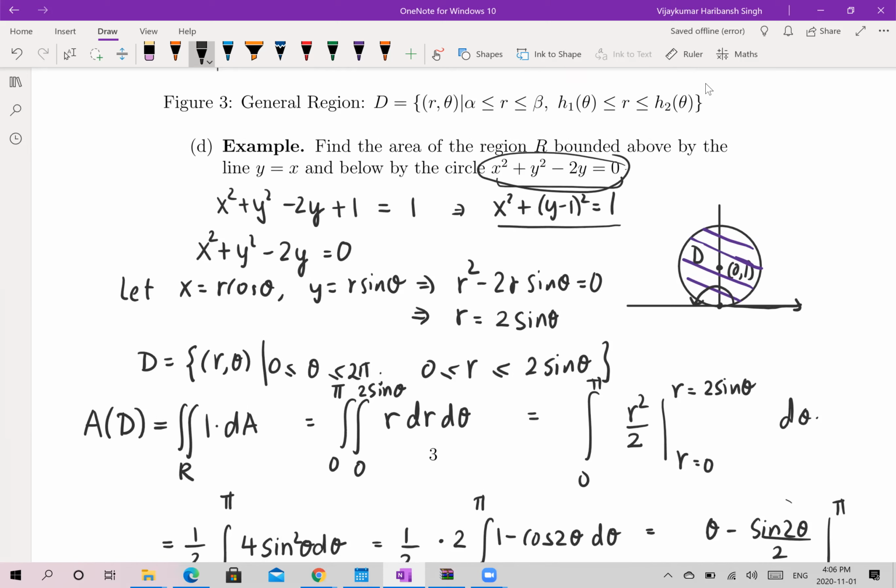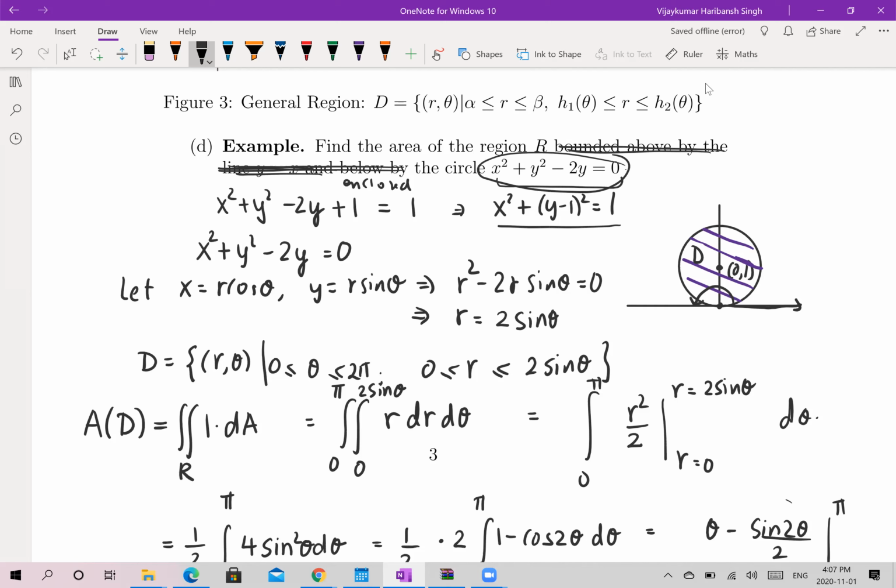Okay. However, note the following. Instead of solving the other problem, I managed to solve a wrong problem here. I solved basically this problem here, so I found the region R enclosed by the circle.